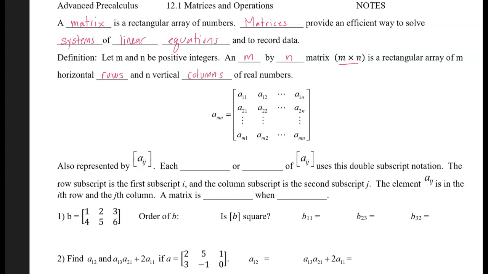All that this means is that when you're given the order or size of a matrix, the first number is the number of rows and the second one is the number of columns. That's all that means. Also, this m by n is the order of the matrix or the size of the matrix.